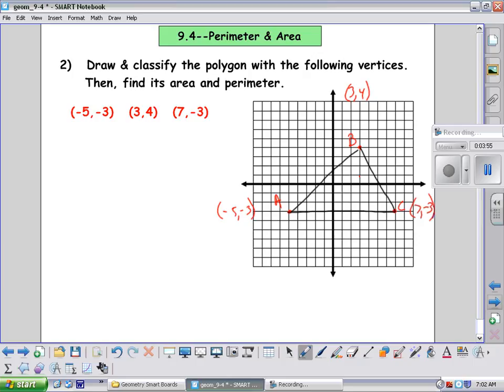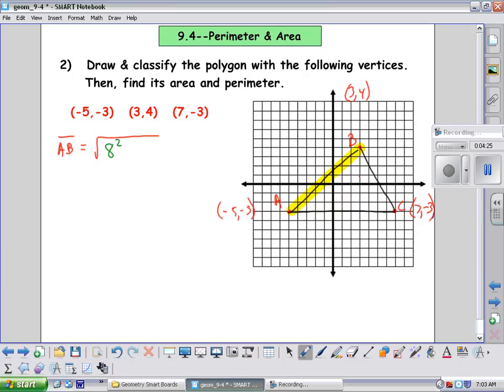From A to B, let's find its distance. Just using the coordinates, the change in x was 8.